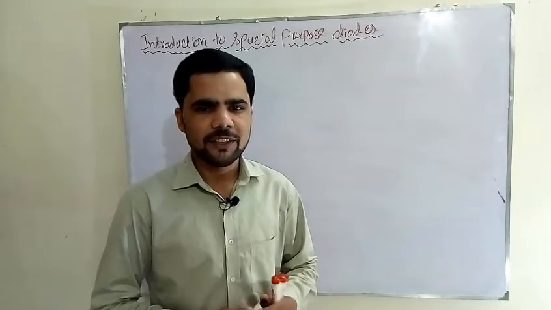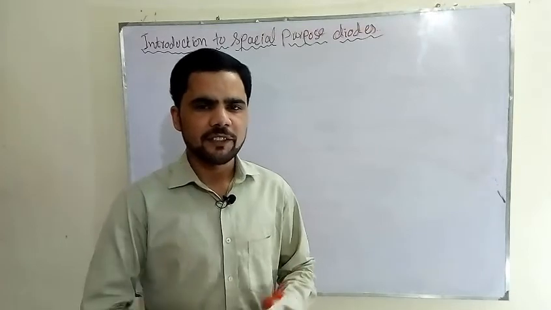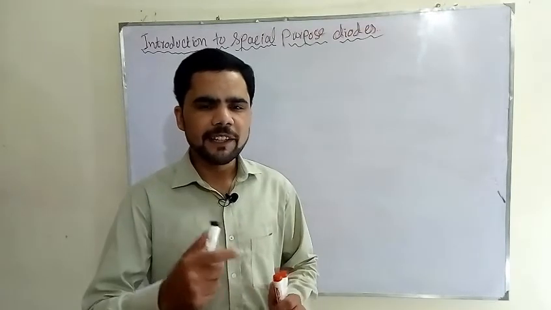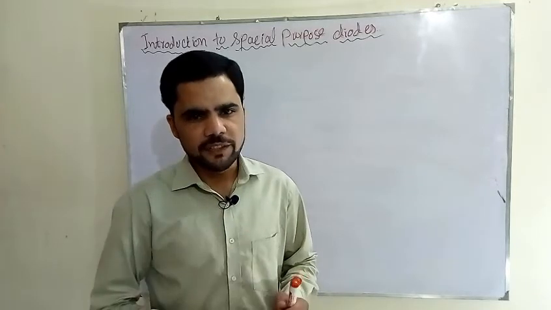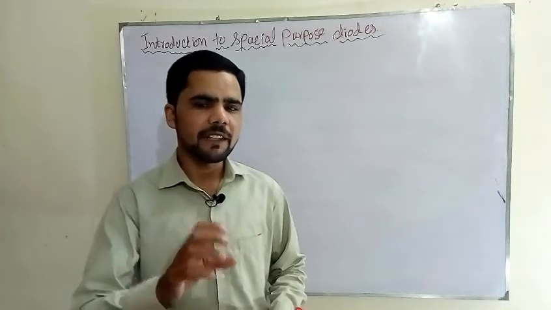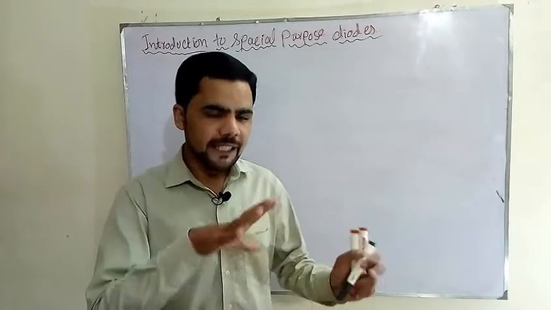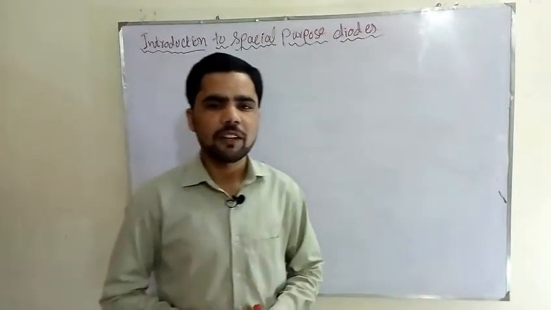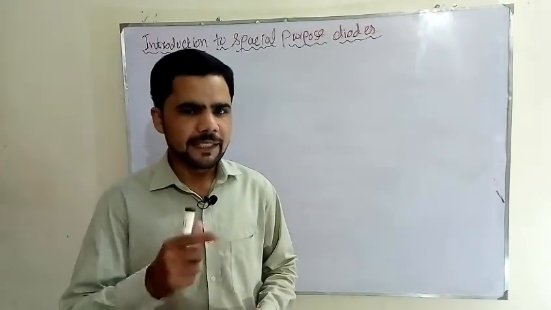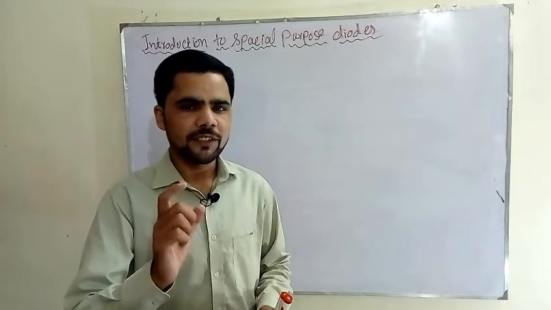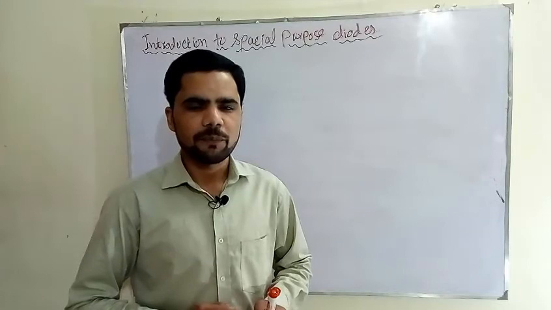These diodes have different characteristics, different fabrication and construction techniques, and different applications in special areas. So these types of diodes are called special purpose diodes. In this lecture, I will discuss the first type, that is the Zener diode.